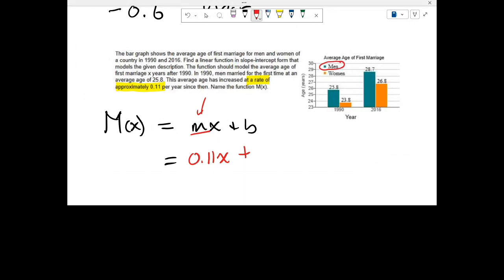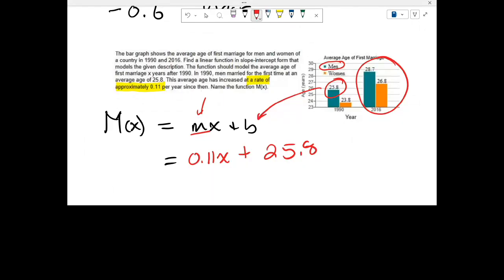Look, y'all, men is going to be in the green box. On average, how old was a man when he got married for the first time in the year 1990? He was 25.8. That's going to be my number. Boom, right there. And as you can see, y'all, in 2016, which was about 9 years ago, people waited a little bit longer before they got married, right? 28.7. But that's all we're really doing in that problem, okay?